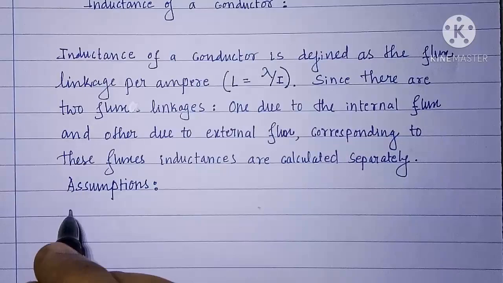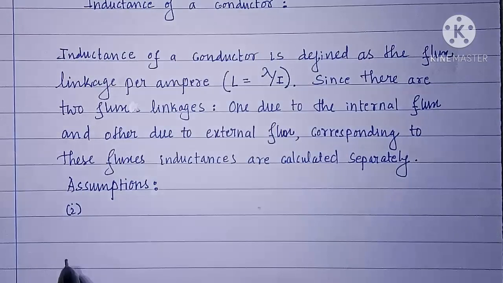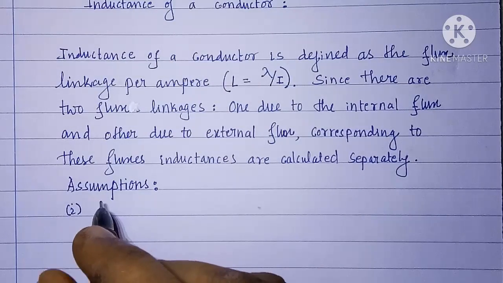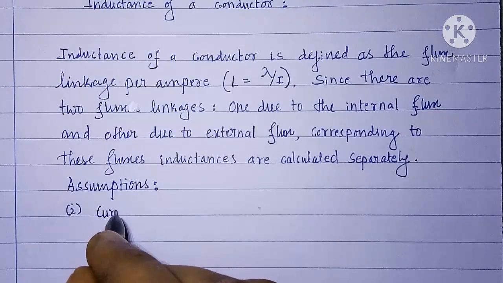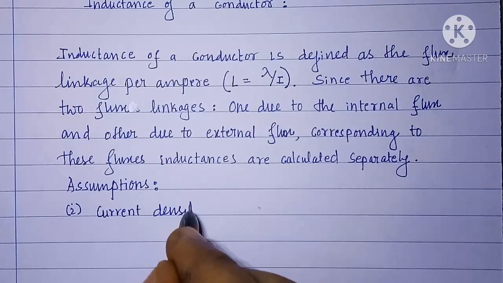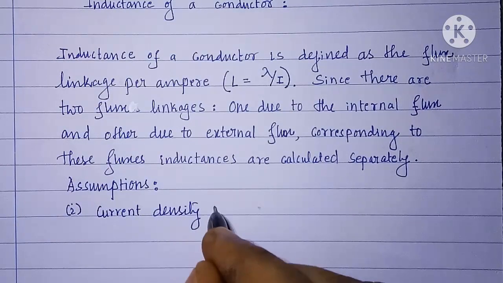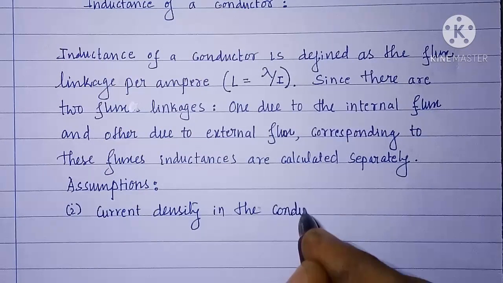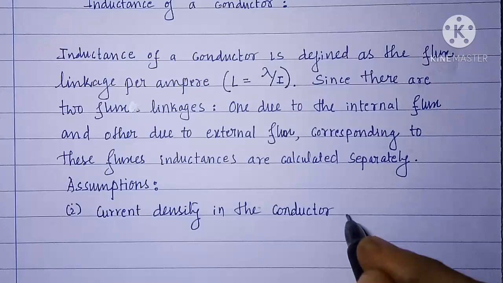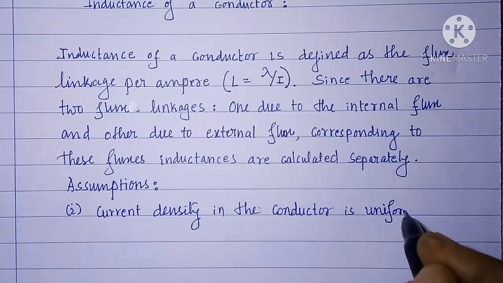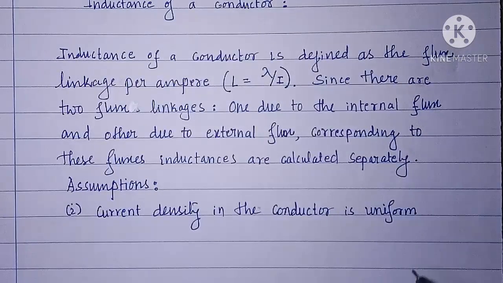Assumptions. First one, current density in the conductor is uniform.